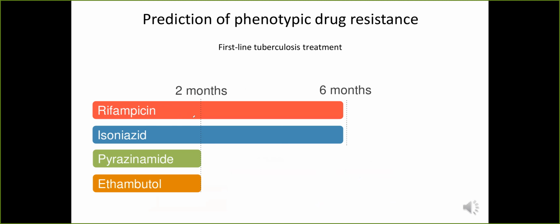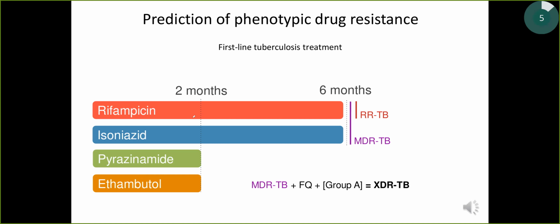And thus, if the bacteria that is causing the disease is resistant to rifampicin, then we say that it is a case of rifampicin-resistant tuberculosis or rifampicin monoresistant tuberculosis. When there is additional resistance to isoniazid, we classify that case as multi-drug resistant tuberculosis.